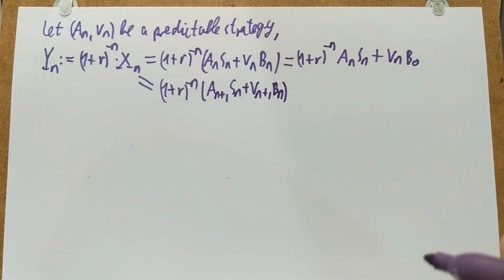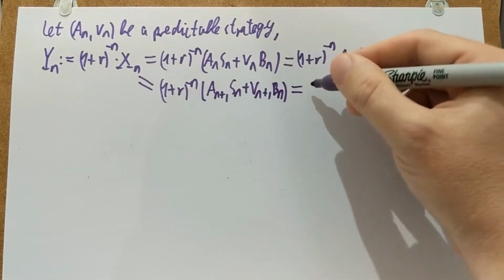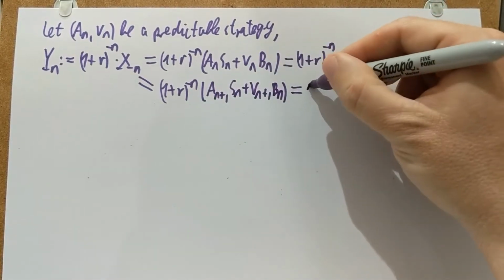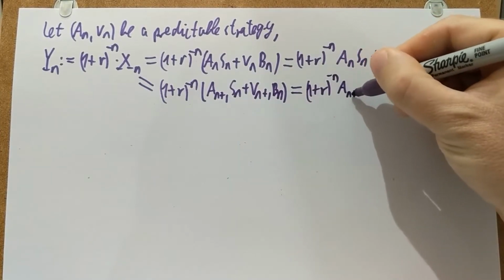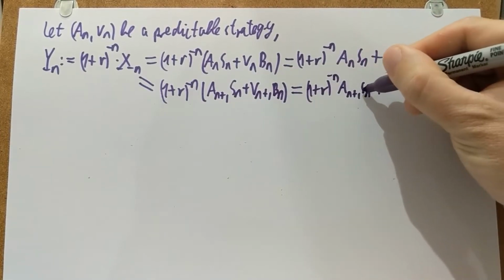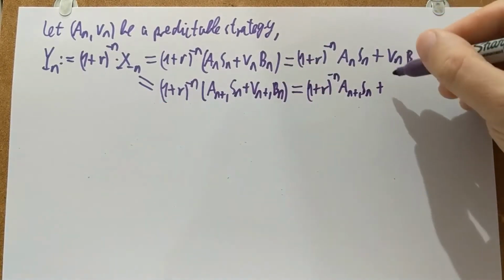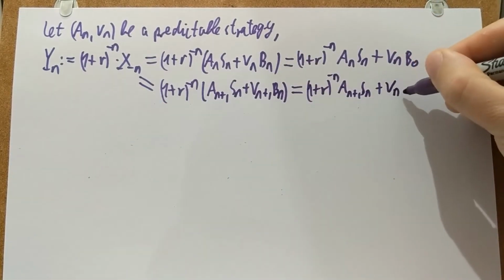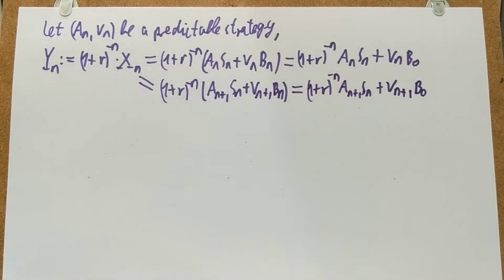And then when I factor out (1 plus r) to the minus n, I'm going to keep that on the A's, but again I'm going to write (1 plus r) to the minus n Bn as B naught, so I can have Vn plus 1 of the B naught. So that's another way of writing it. Okay, so it's a bit of algebra at this point.